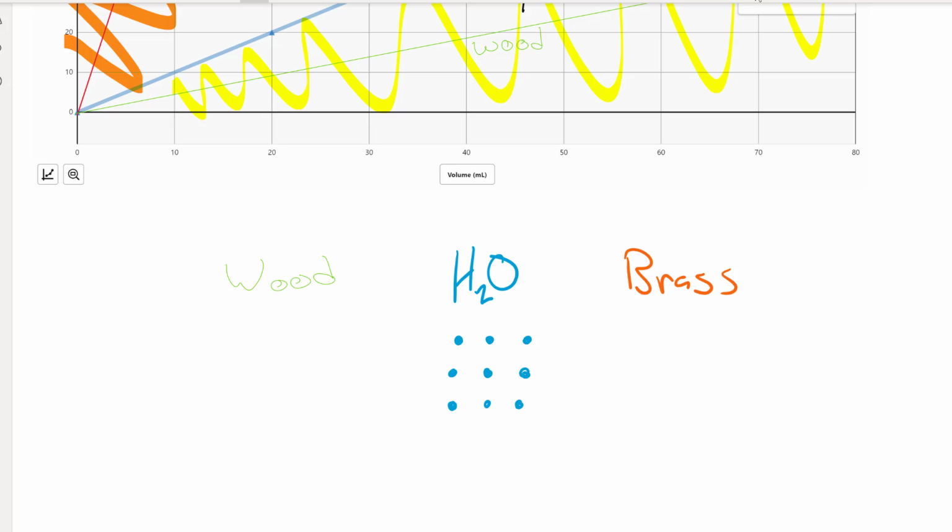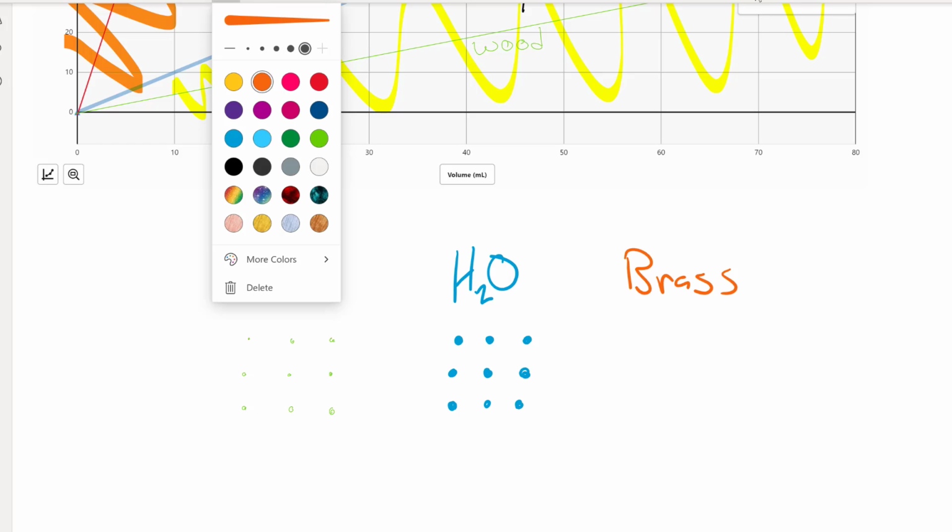Again, this stuff needs to float, so it's going to have less density. I can do that in a couple different ways, but drawing these particles smaller allows us to see that it has less mass in that same amount of volume, which would cause it to float.